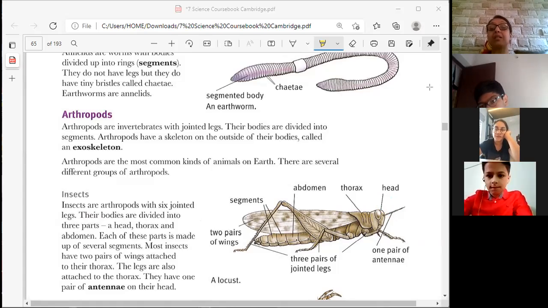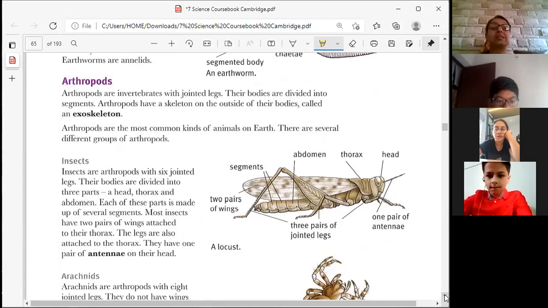That's about insects. Insects come in which category? Arthropods. And how are arthropods different from the other groups of invertebrates? One, the main feature is they have joint legs. Second, they are divided into segments.